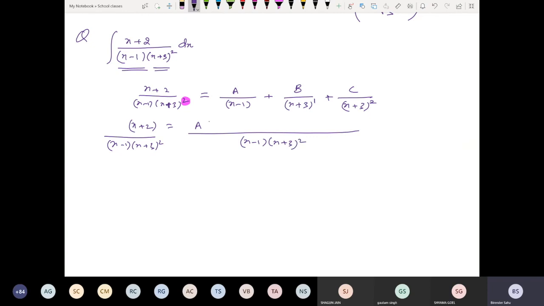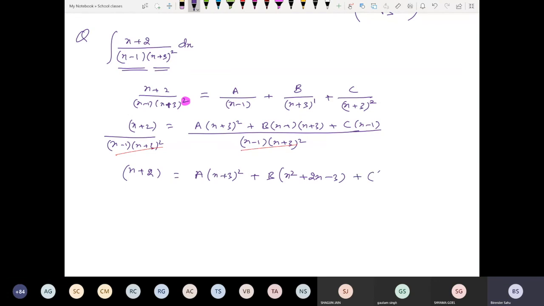Here we have to write a times x plus 3 whole square plus b times x minus 1 x plus 3 plus c times x minus 1. Okay, this is cancelled now. So this is x plus 2 equals a times x plus 3 whole square plus b times x square plus 2x minus 3 plus c times x minus 1.